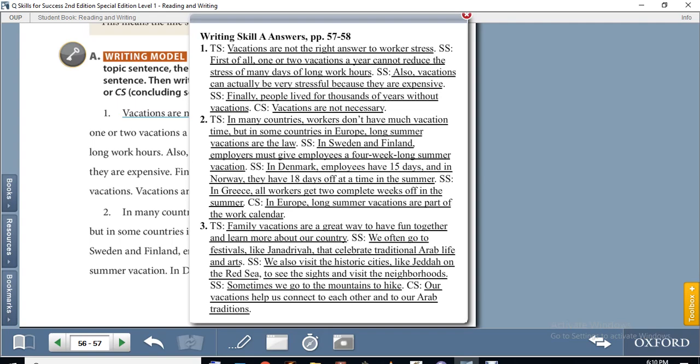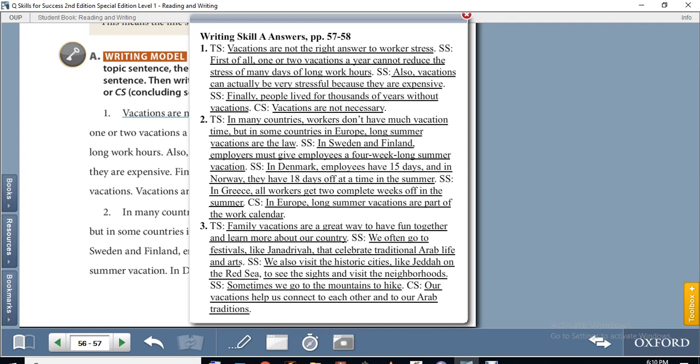Paragraph 2, TS, topic sentence, the first sentence. "In many countries, workers don't have much vacation time, but in some countries in Europe, long summer vacations are the law." SS, supporting sentence. "In Sweden and Finland, employers must give employees a 4-week long summer vacation." SS, the next sentence, also supporting sentence.